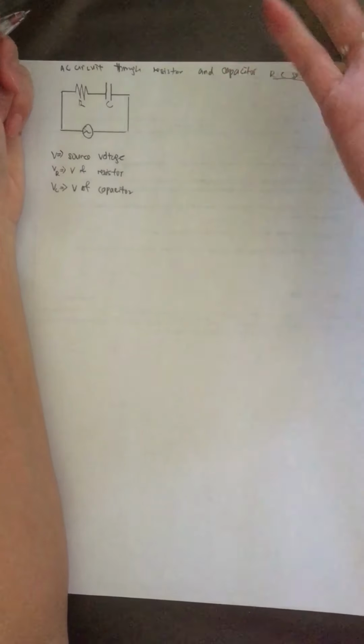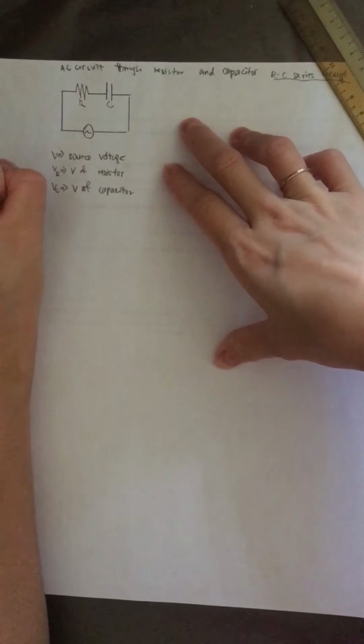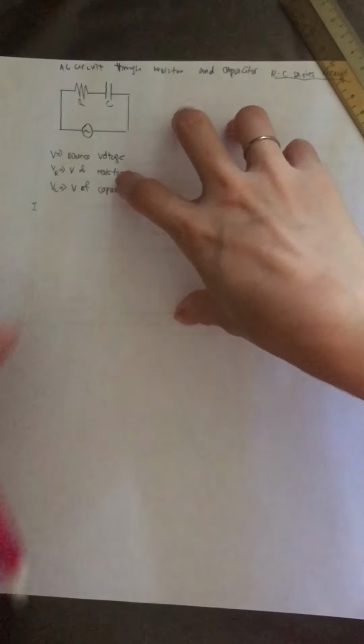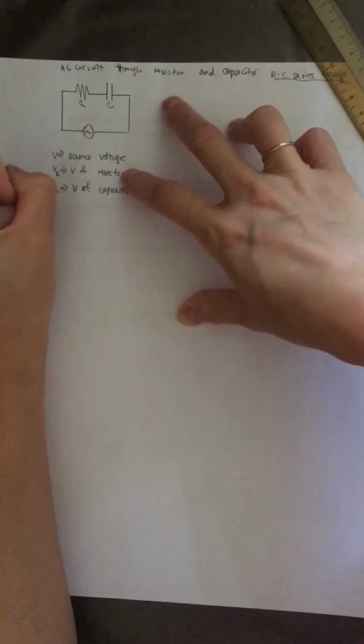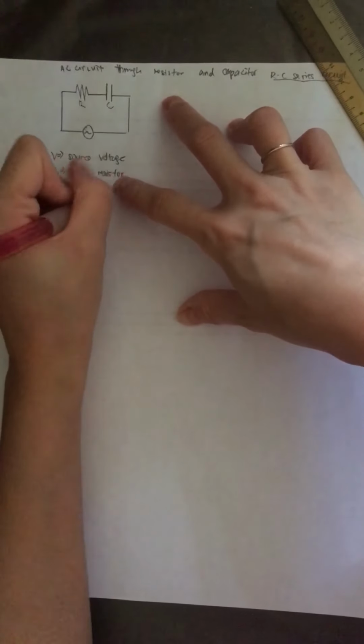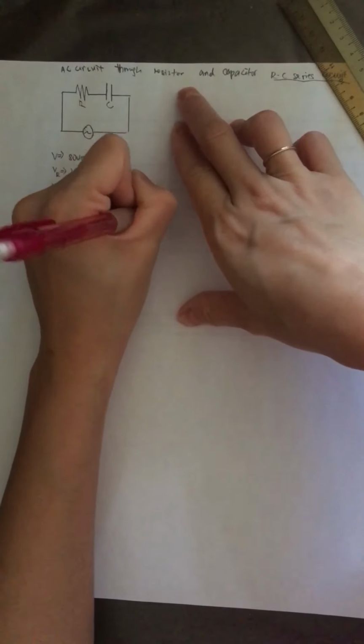So what you have learned in your previous lesson is that in a pure resistor, we know that I and VR are in phase.